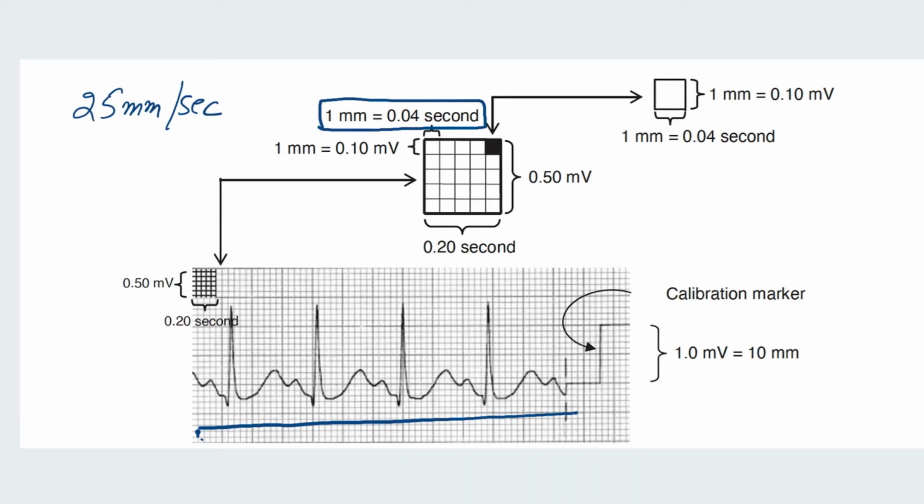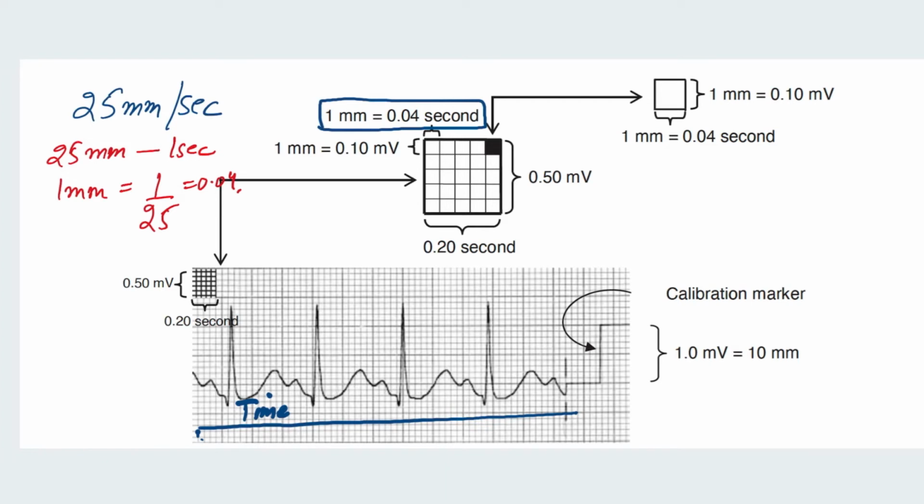Here is a little conversion: if 25 millimeters is 1 second, then 1 millimeter is 1 by 25th, that is 0.04 second. So the width of the ECG paper represents the time, and 1 millimeter is equal to 0.04 seconds.